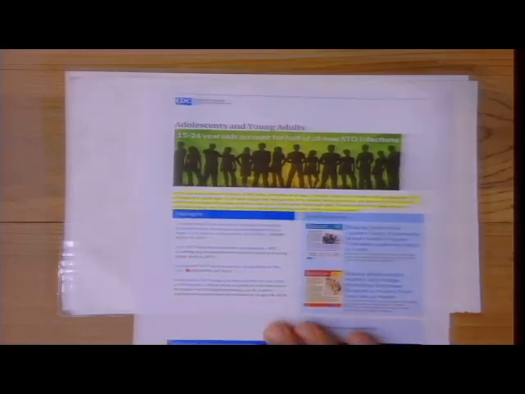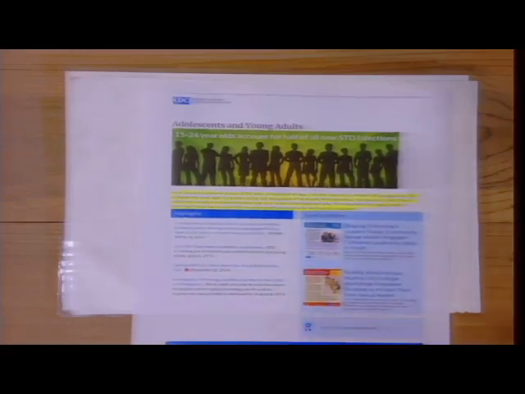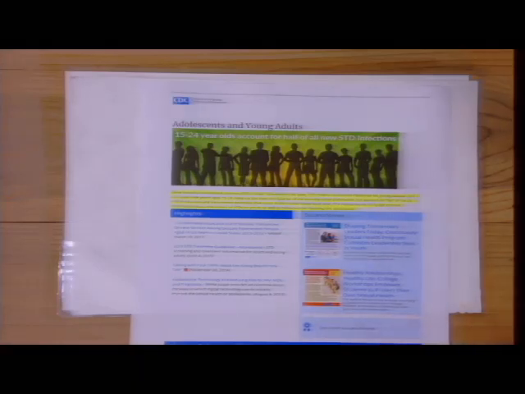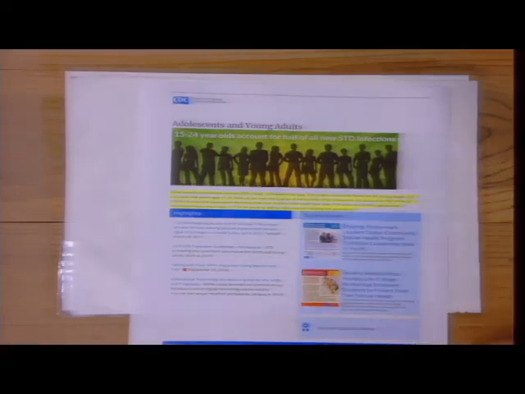Well, notice it says while STDs affect individuals of all ages, STDs take a particularly heavy toll on young people. CDC estimates that youth ages 15 to 24 make up just over 1/4 of the sexually active population, but account for half of the 20 million new STD infections that occur in the United States each year.